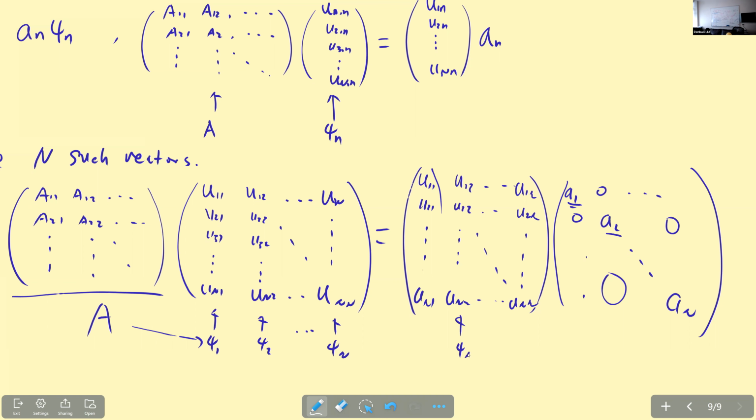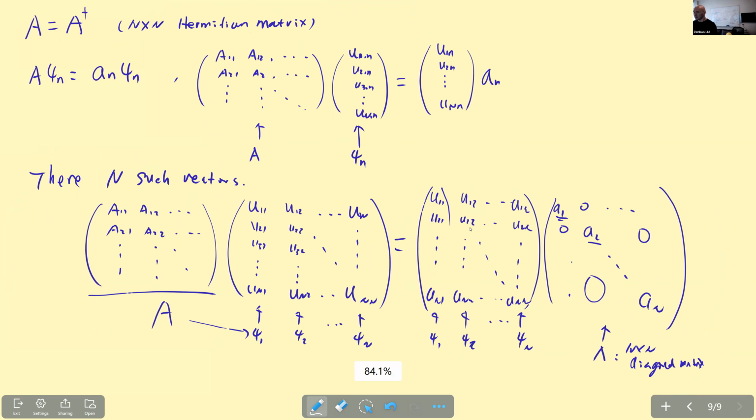This is psi 1, and then this is psi m. So the matrix times the first column equals a1 times the first column, and the matrix times the second column equals a2 times the second column. So this can be written as this matrix product, and this one we call lambda. It is an n times n diagonal matrix.